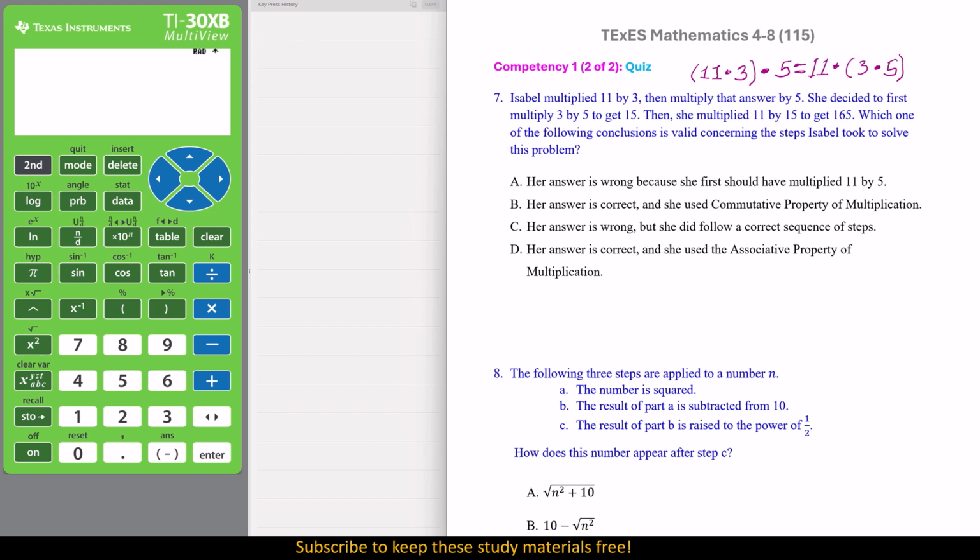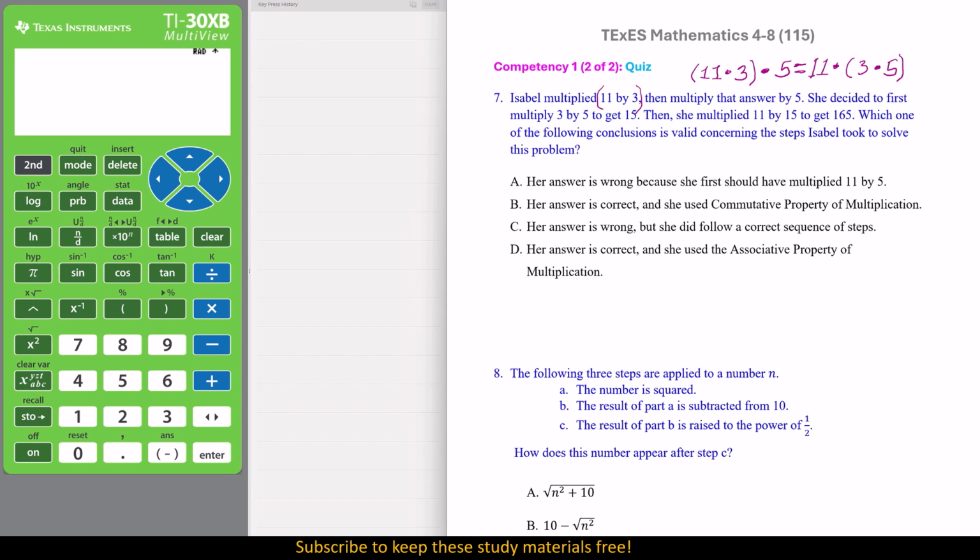Everything is multiplied. We're not switching the position, but I use parentheses each time they talked about multiplying something first.